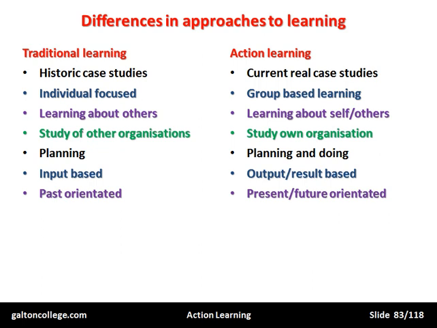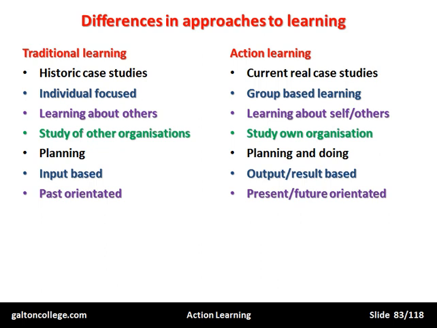Traditional learning is, as I said earlier, past-orientated. It's looking at the past, whereas action learning is looking at the present and the future. So traditional learning looks at practices perhaps in the past that were used and looks at research that was conducted in the past into certain practices.